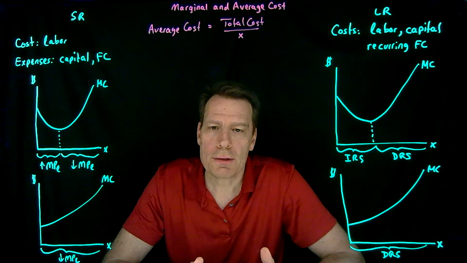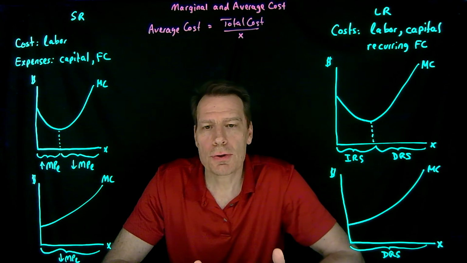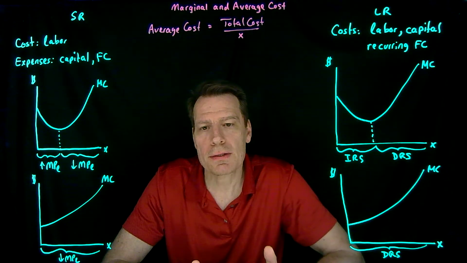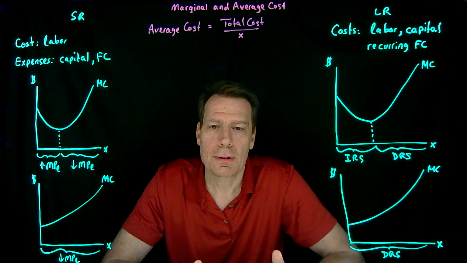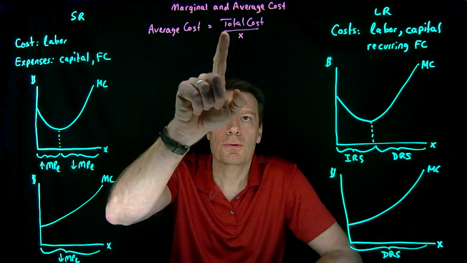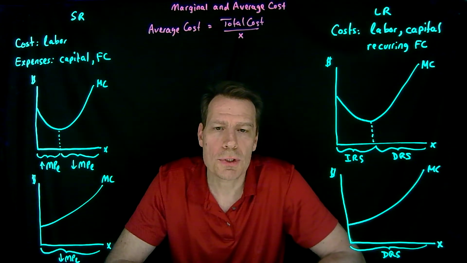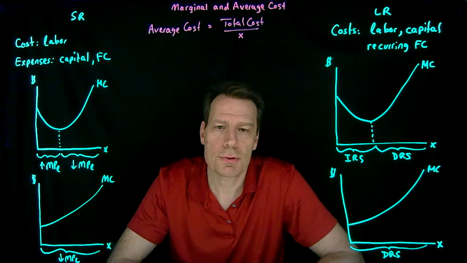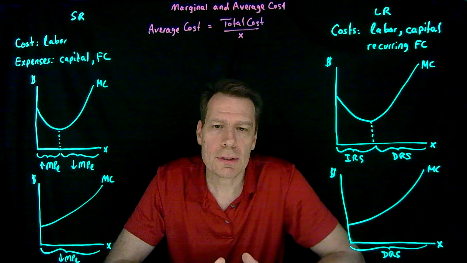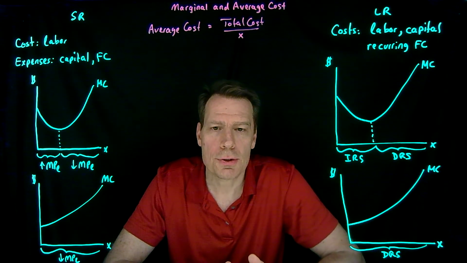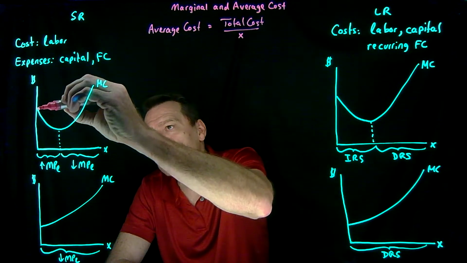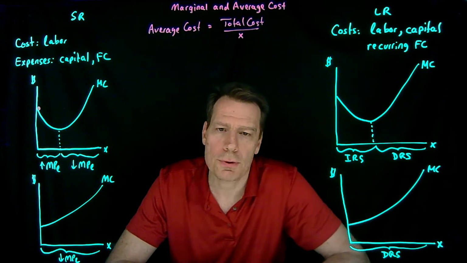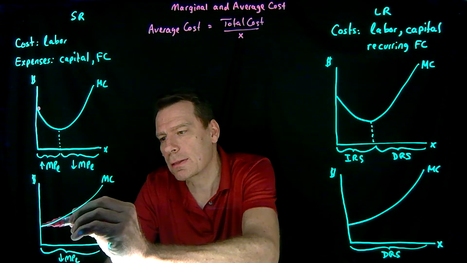The marginal cost of that first unit is the additional cost we incur from producing 1 rather than 0 units, which is also equal to the total cost of that first unit. When we divide that total cost of the first unit by 1, because we're only producing 1 unit, we get the average cost. So for that first unit, the average cost and the total cost and the marginal cost are all the same. So the average cost would start at the same point as the marginal cost curve in both cases.